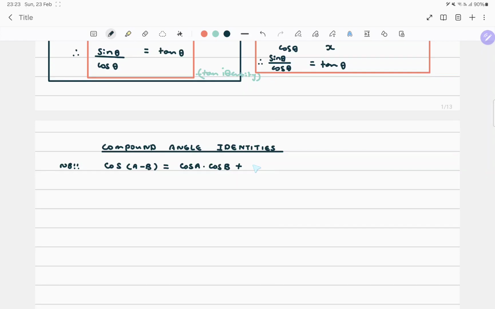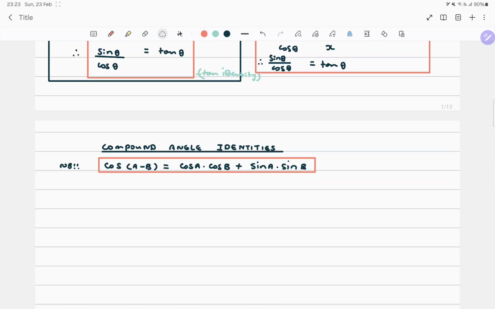The sign changes to plus. Sine of the first angle, sine of the second angle. Okay, so this is the generic identity that gives us everything.